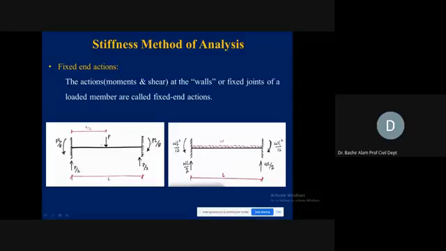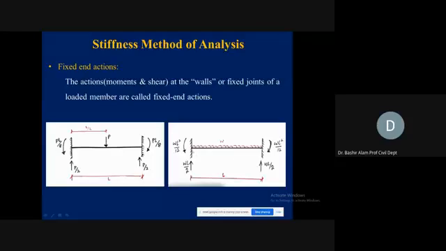So at each end, moment produced will be PL divided by 8 and PL divided by 8. You should remember this. If you don't remember it, the other option is to analyze this by the flexibility method, and you will not have that kind of time to analyze this and find out these support reactions. How much will be the reactions? These vertical reactions are P by 2 and P by 2.